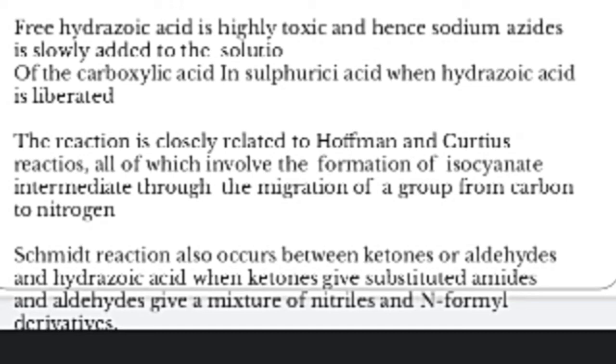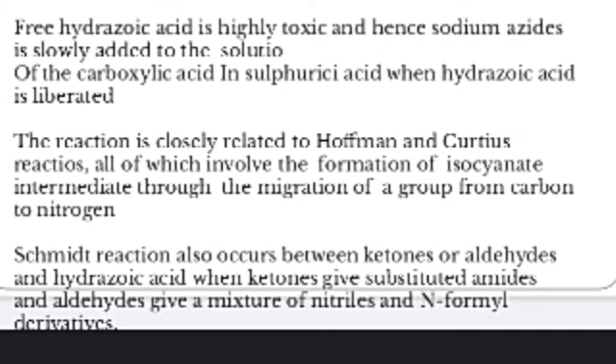The reaction is closely related to Hofmann and Curtius reactions, all of which involve the formation of an isocyanate intermediate through the migration of a group from carbon to nitrogen.